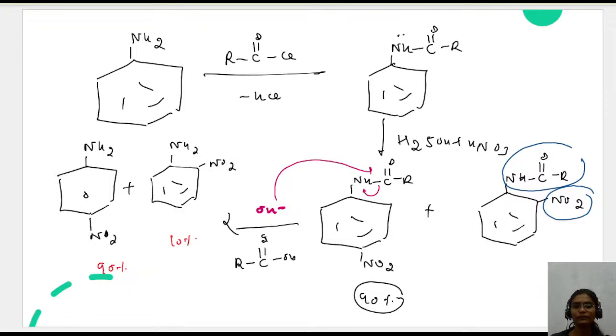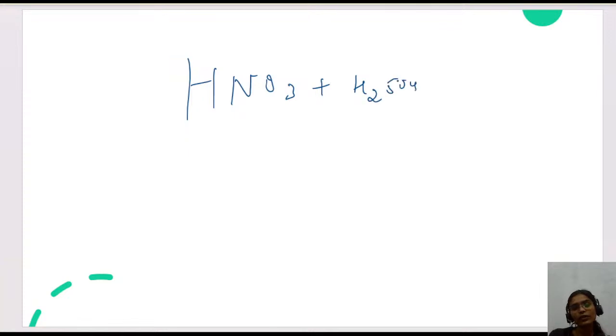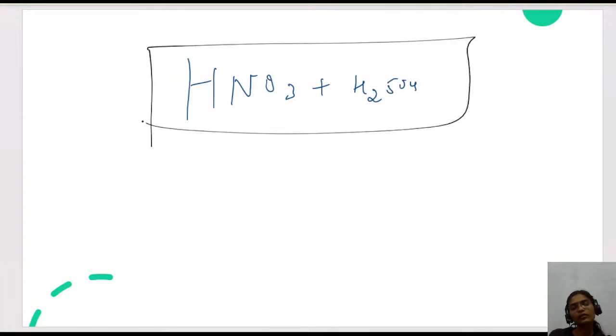HNO3 as well? No. Listen, my point, Arul, is that we are dealing with nitration. And in nitration, the reagent is what? HNO3 plus H2SO4. Here we have to follow the leveling effect. I guess I already told you in 11th class what the meaning of leveling effect is.